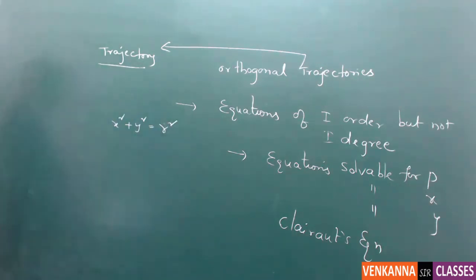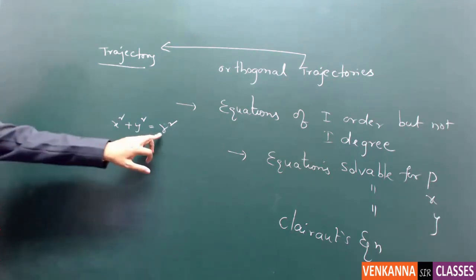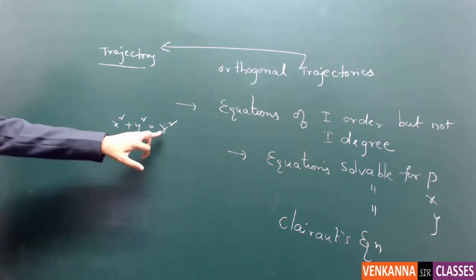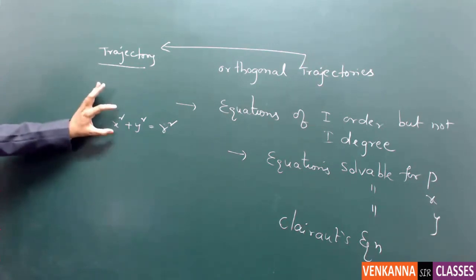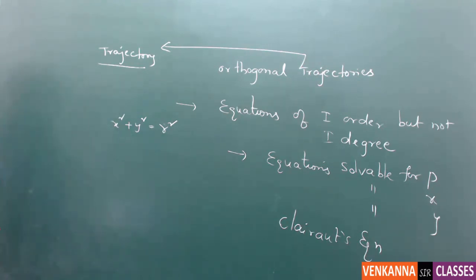So apart from taking a number here, if I take r square, so here r is not fixed, it is varying. Then what is the graph given by this equation? Say, so here r is a parameter, not a constant. Varies.